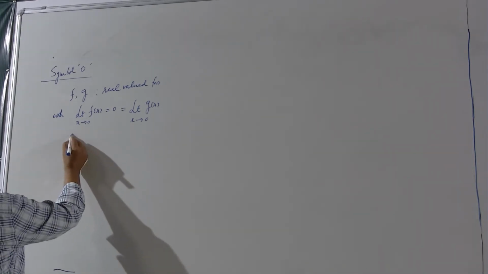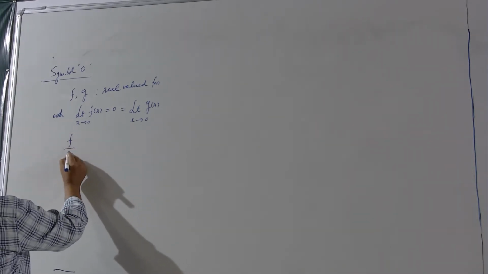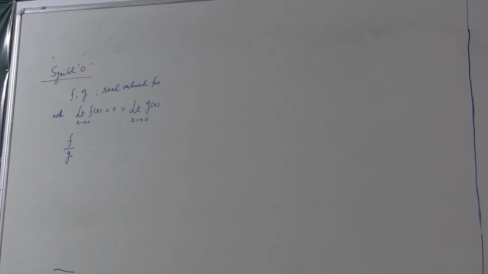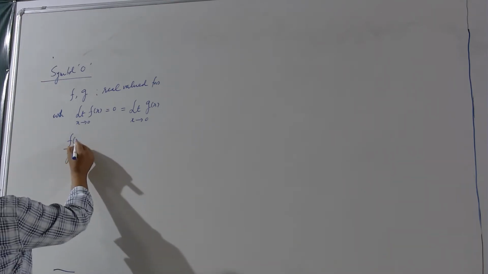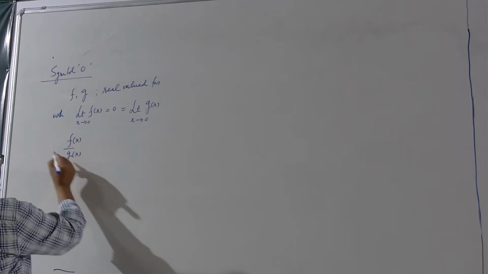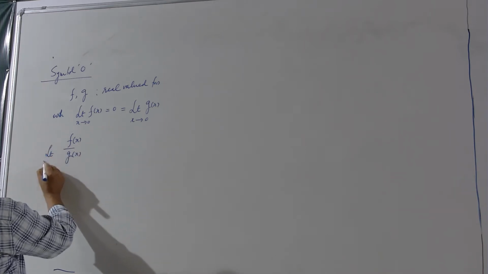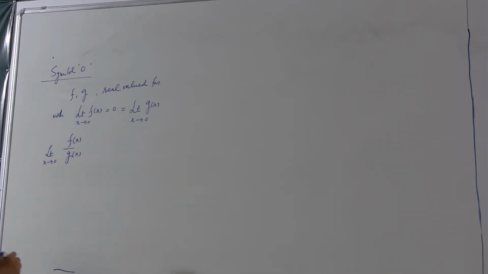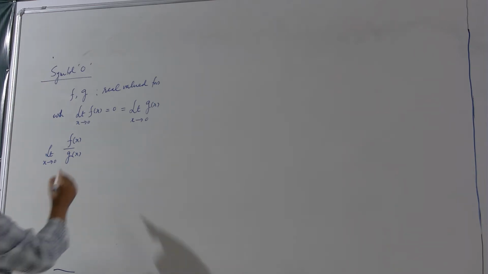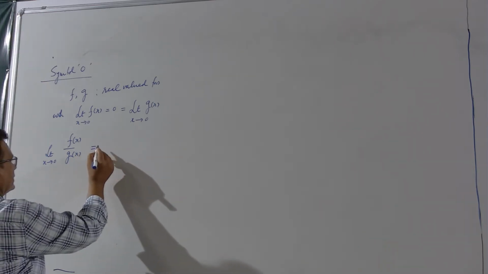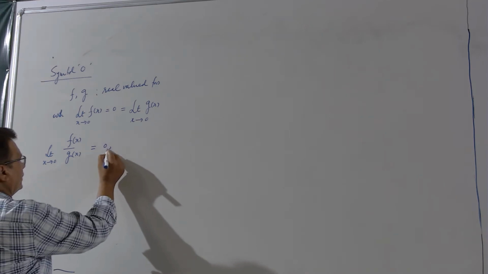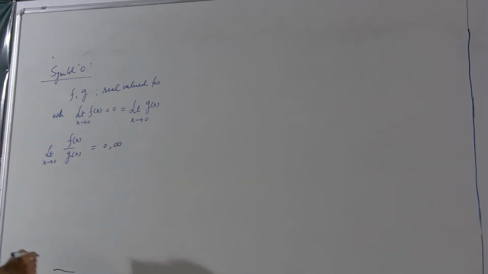So, we try to see the quotient function f upon g. So, consider f x upon g x when the limit x goes to 0. Now, this limit may be 0 or it may be infinite also.